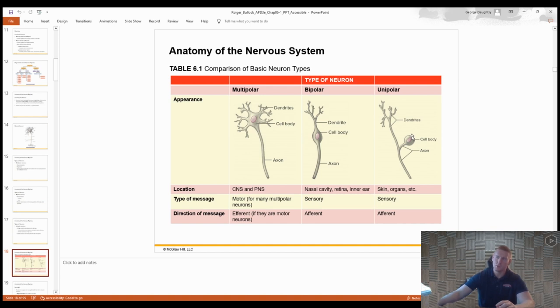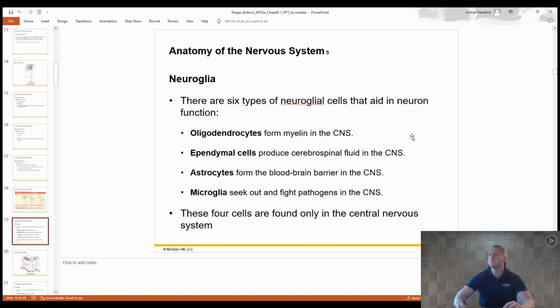Meaning that it can really only carry one polarization wave at a time. And it's not that one is bad over the other. It's just they are within different regions of the nervous system. They play different functions, and just have an appreciation of where the cell body is. And then you can distinguish between the three.